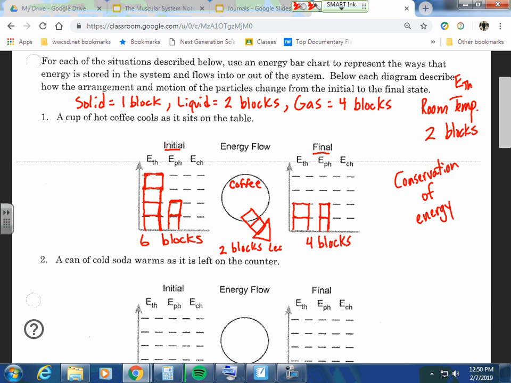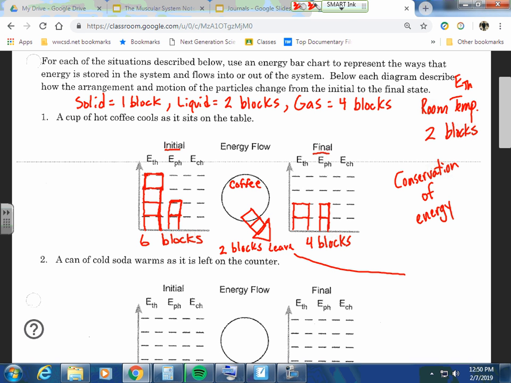Okay? If we want to think of this process, we can talk in terms of endothermic and exothermic. Have you ever heard of those words before? Never have? So exothermic and endothermic are ways of describing heat change in a system.